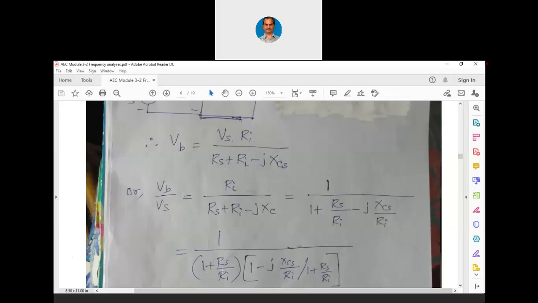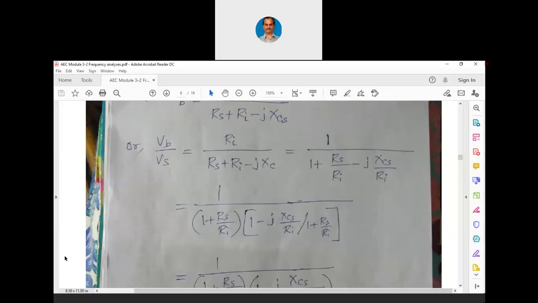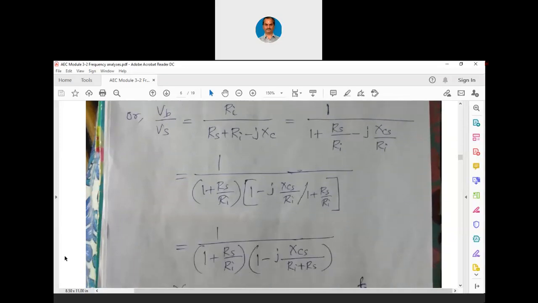By bringing out 1 plus Rs by Ri separately, we will be able to write it as 1 minus J into XCS by Ri divided by 1 plus Rs by Ri. So this can be again written as 1 by 1 plus Rs by Ri into 1 minus J into XCS by Ri plus Rs. Simplifying this particular term, we can get a term like this.